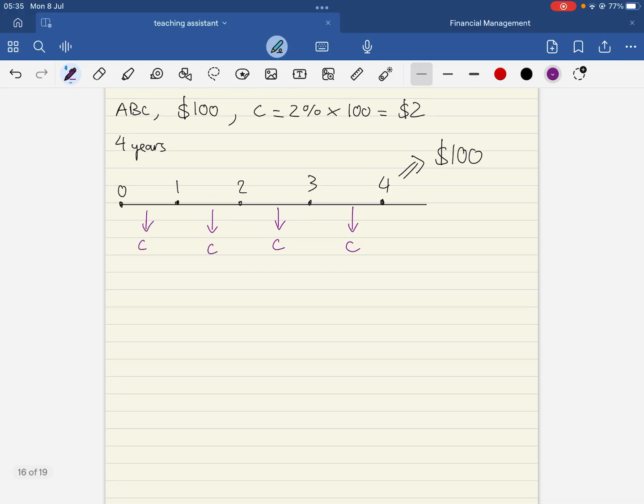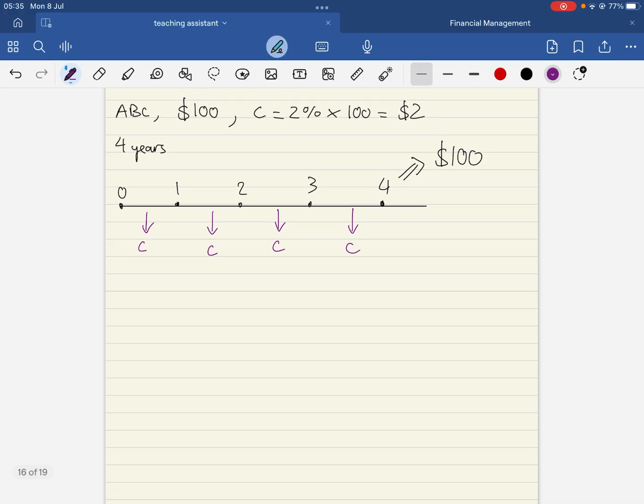So applying the concept of discounted cash flow valuation, we can easily find the price, which is equal to C over 1 plus R. I will explain what R is later.